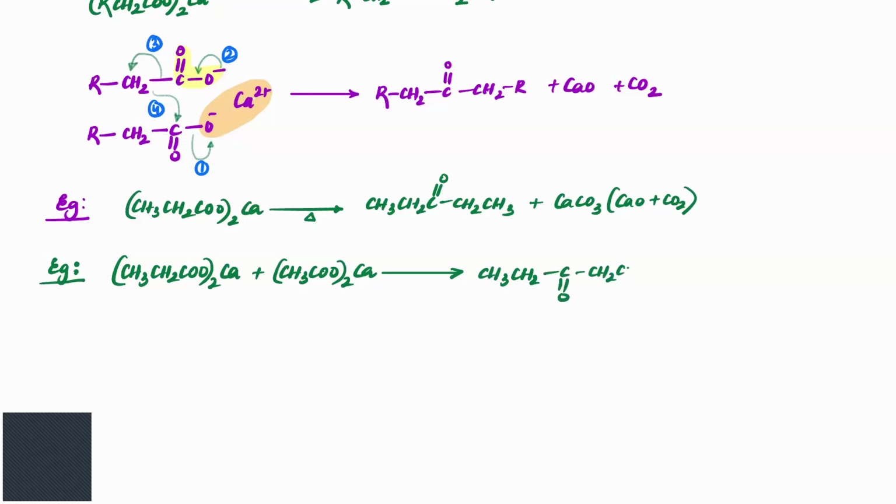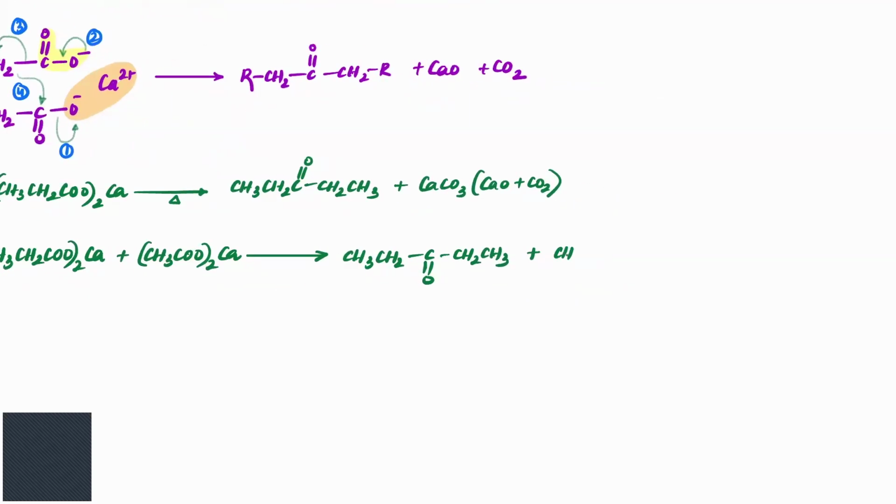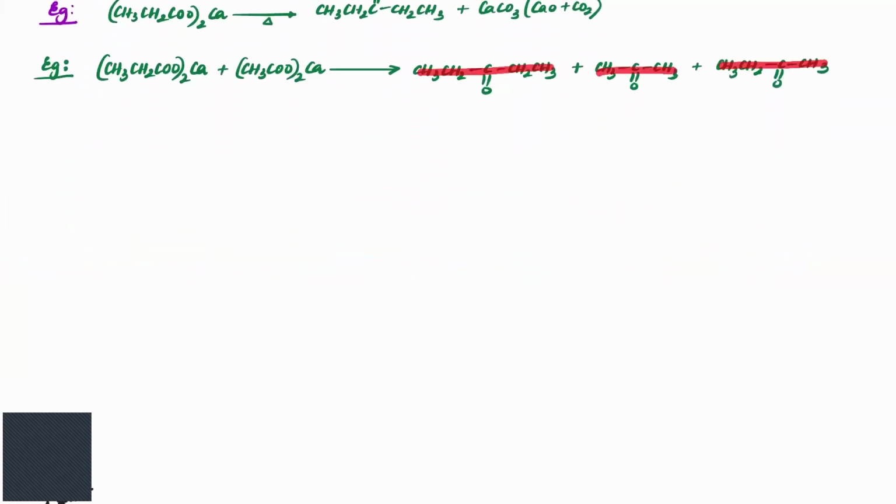The self coupling will give us the first compound, this ketone. Another self coupling gives CH3-C(=O)-CH3. And then we can also get a cross one, that is CH3CH2-C(=O)-CH3. So you can see this is pentanone, this is propanone, and this is butanone. So all three products will be observed. Got it?